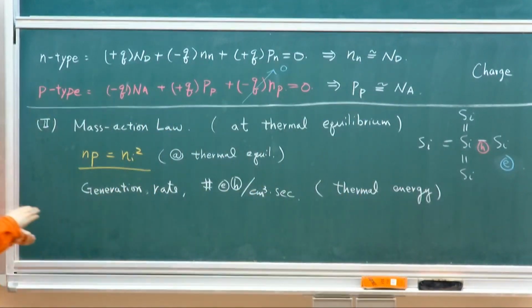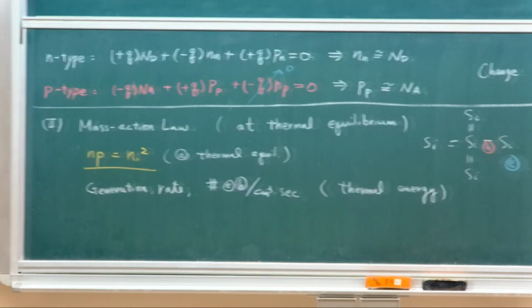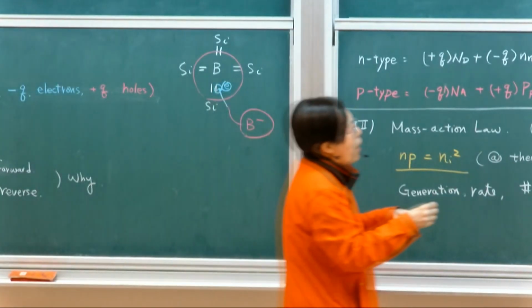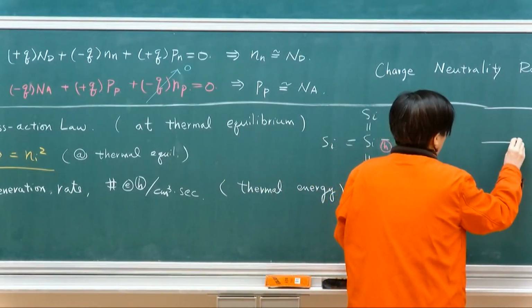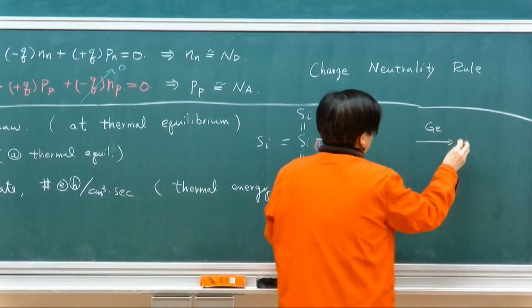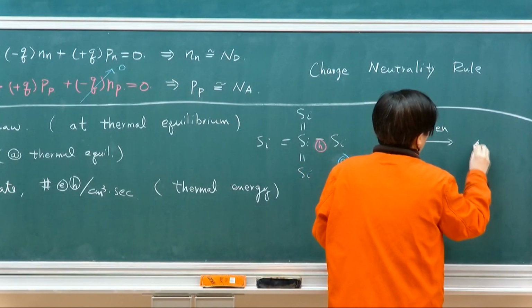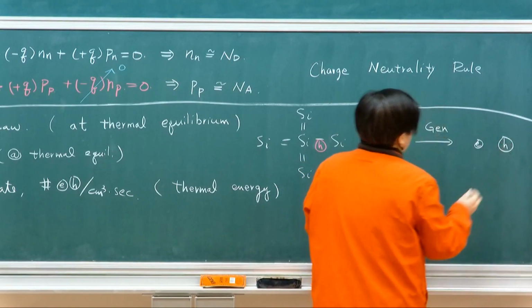It's like a chemical reaction: you always have something going one direction. In this case, the generation leads to electron-hole pairs.